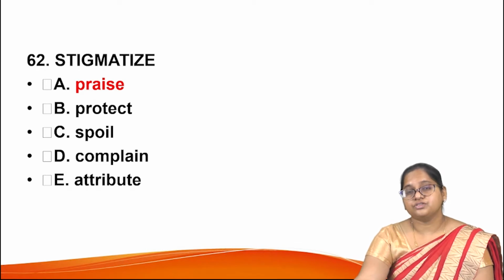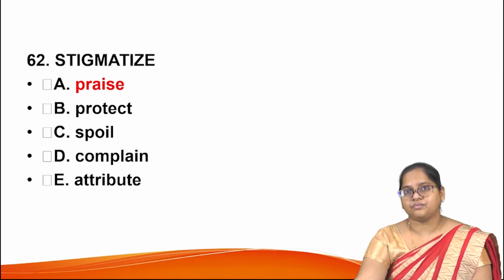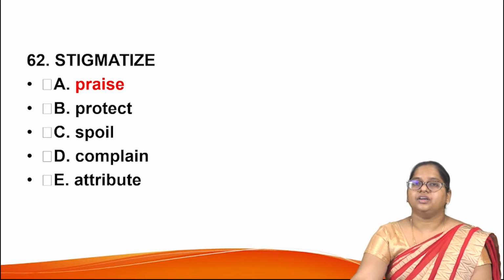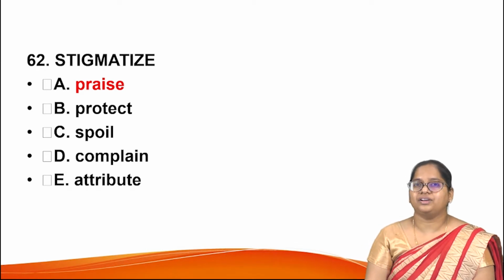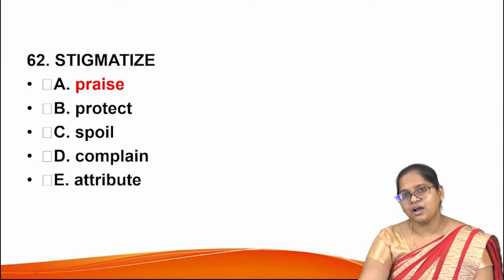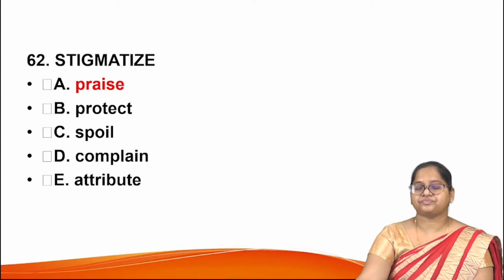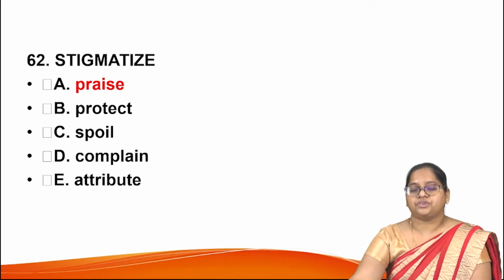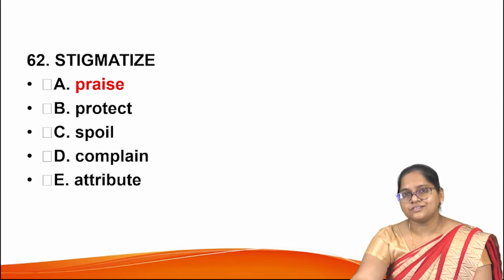You praise someone, which means you appreciate. Protecting, you save them. Spoil, you do some harm. Complain, you are against that person, out of rivalry or troubles. Attribute is basically a characteristic.